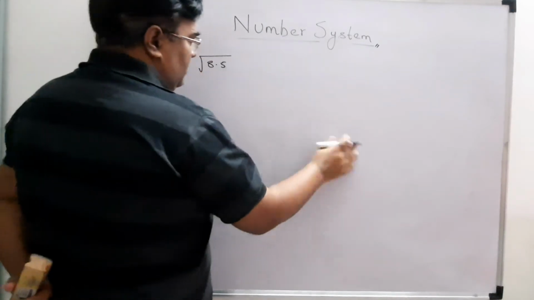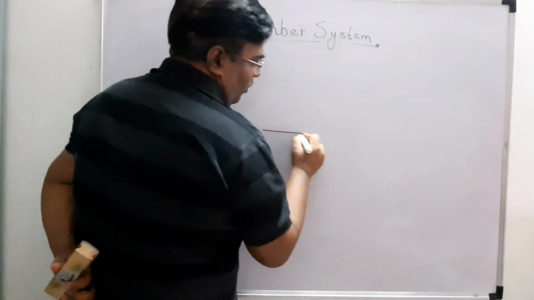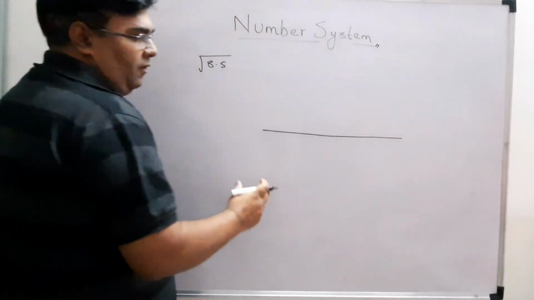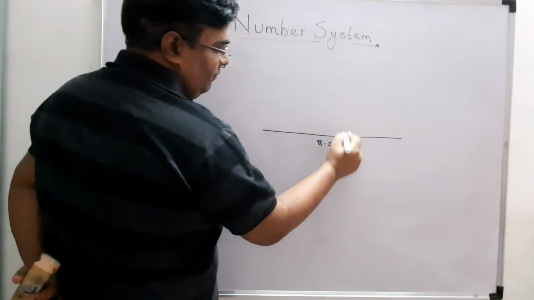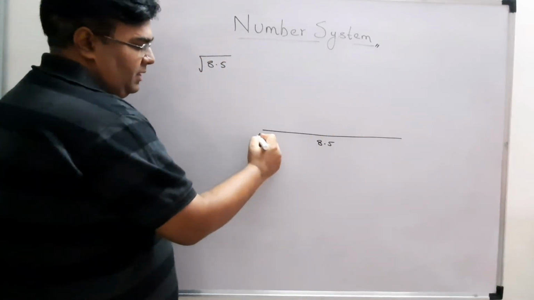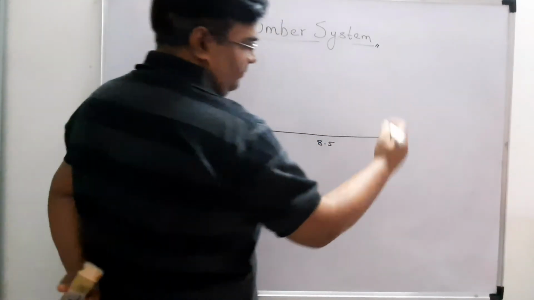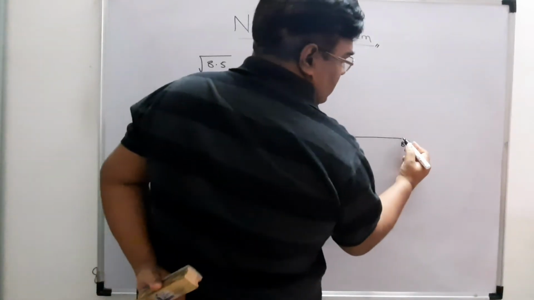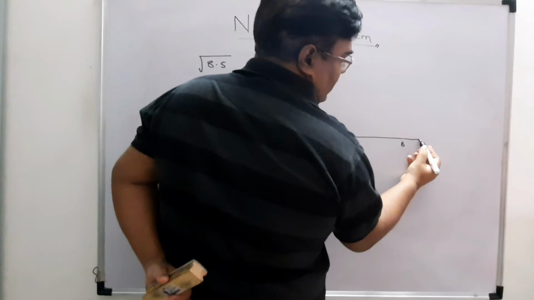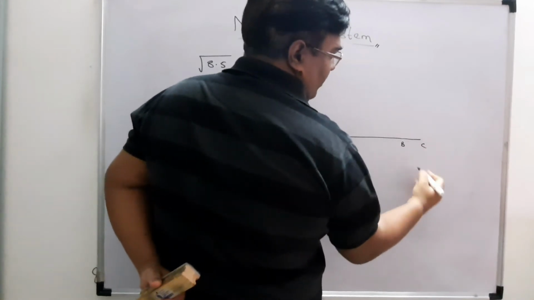What we will do first, we will draw a line of measurement 8.5. Let us name it as A B, correct. Then what we will do, we will just extend this by 1 centimeter.